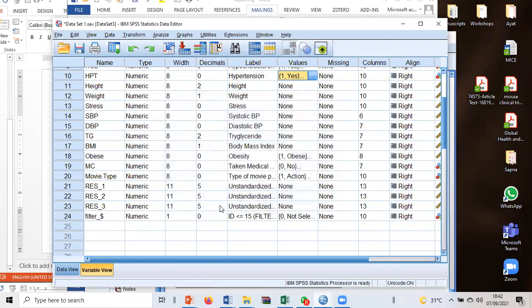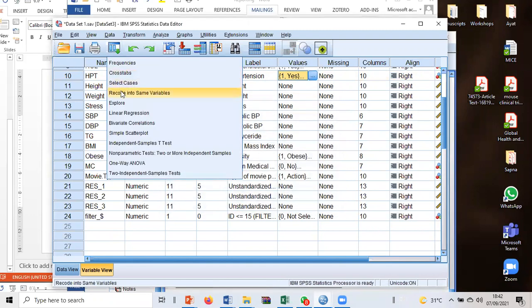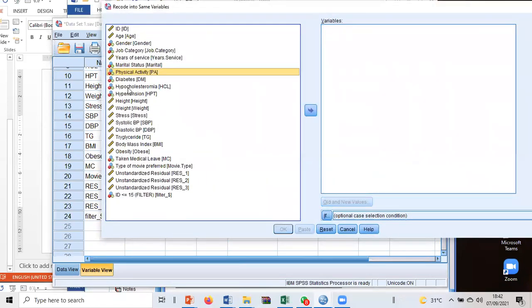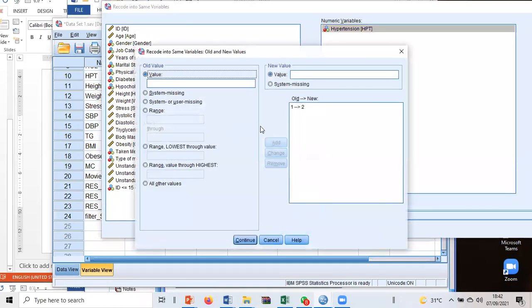I'm going to recode the 2 to become 0. A small trick to get that value. The 2 I label as 0.